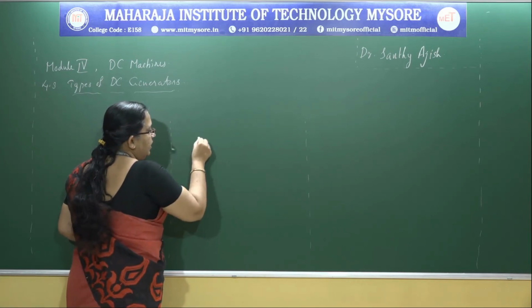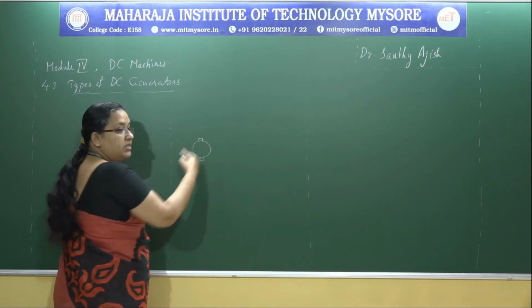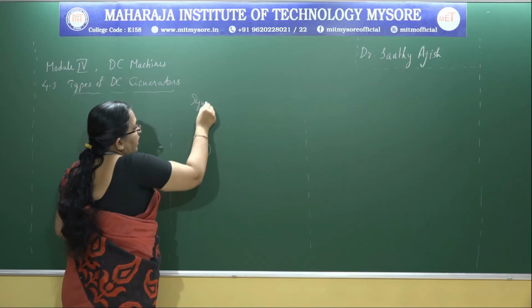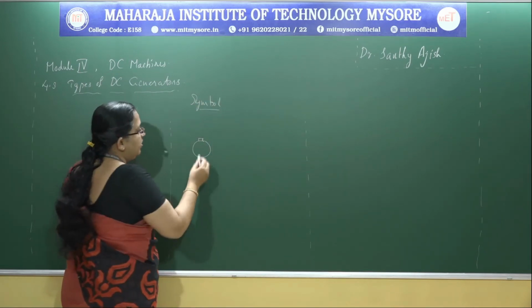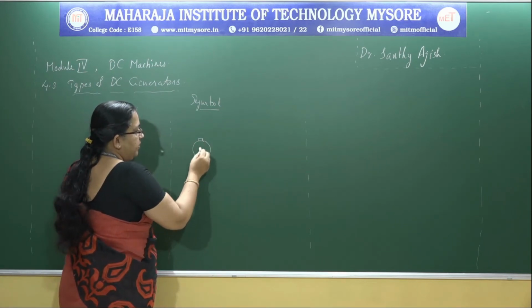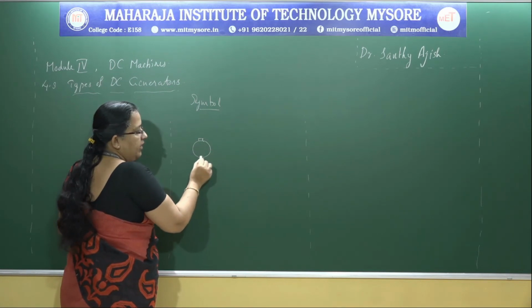This circle with these two represents the brushes, so this is the armature. So this is the symbol to represent a DC generator or a DC machine. You need to assume that there is a winding inside.